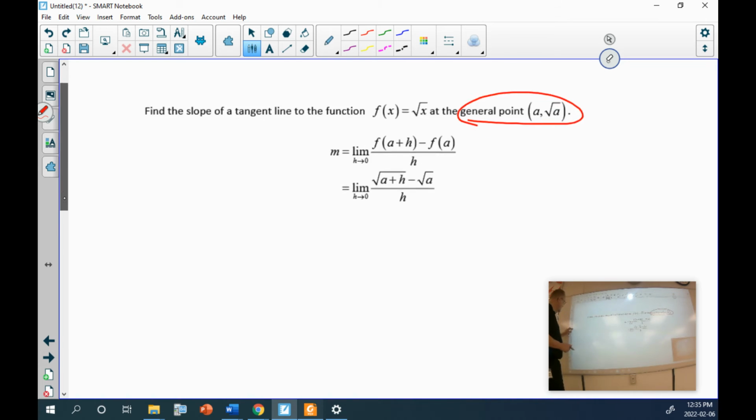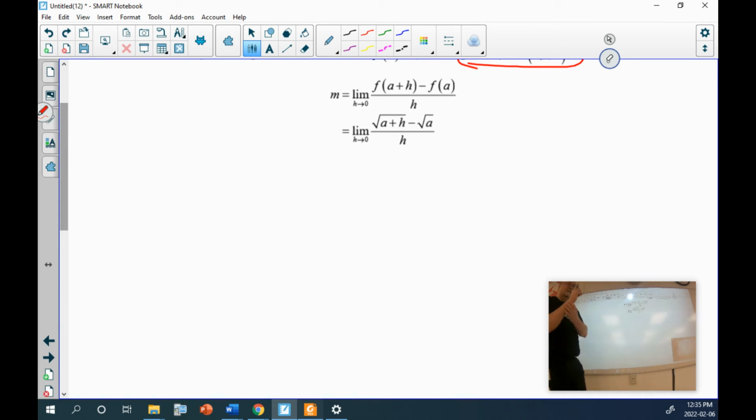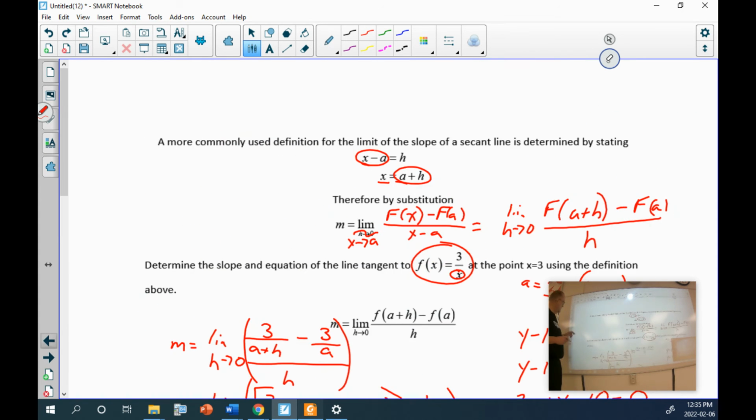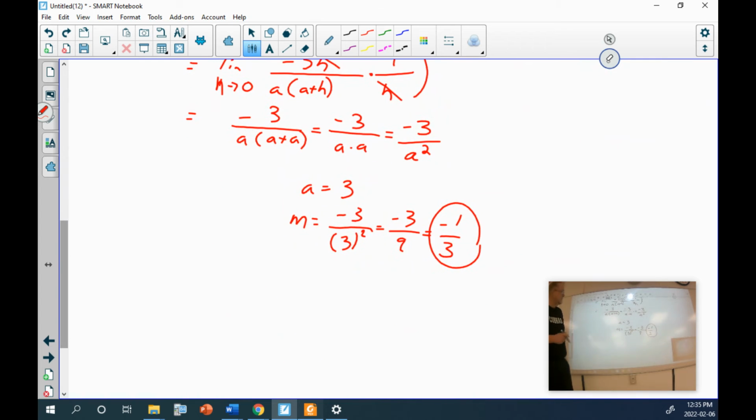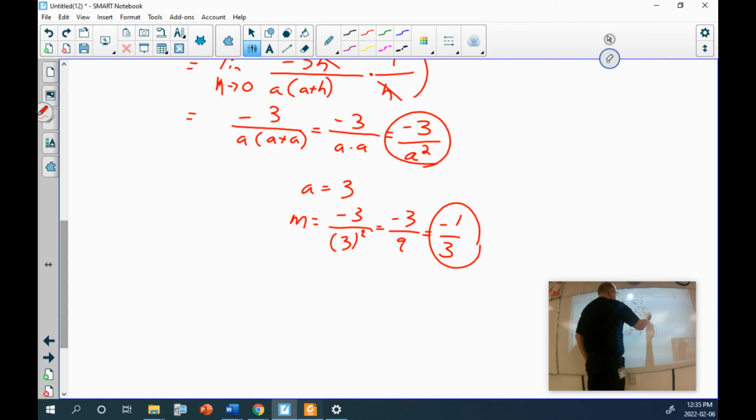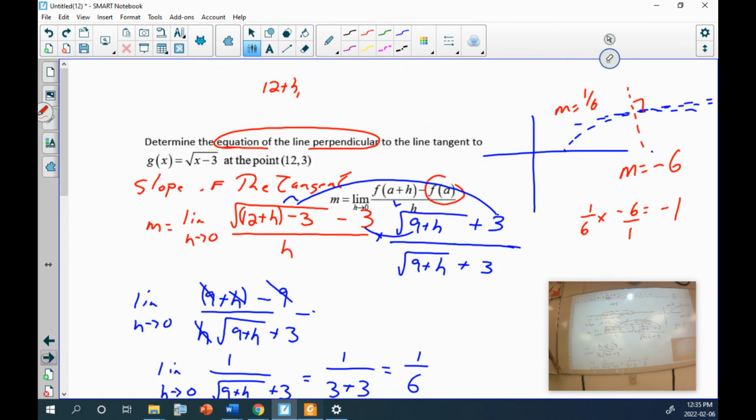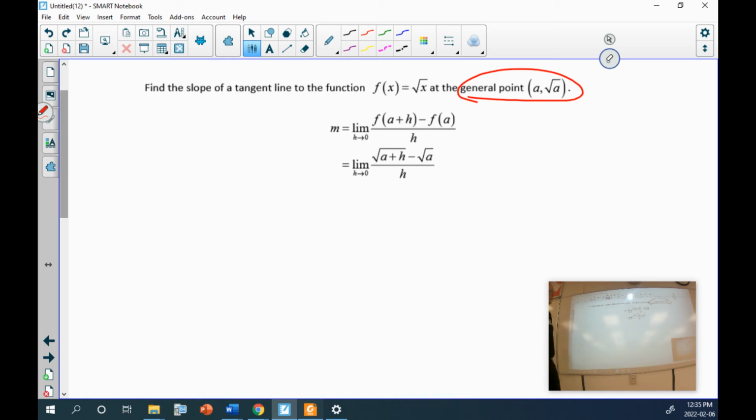Now it's just a question of manipulating this to get the equation that defines the slope, which I did two questions ago. I gave you the equation in terms of a, and then I plugged in my a value to get my slope out. We're going to do the same thing here. So m is the limit as h approaches 0.